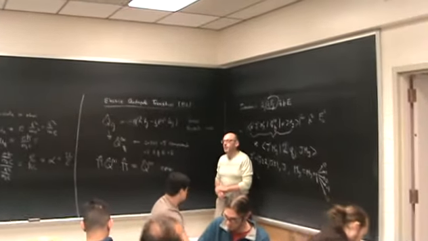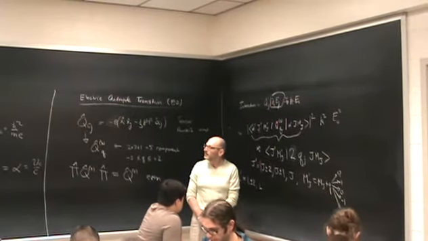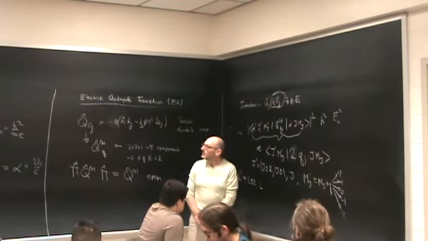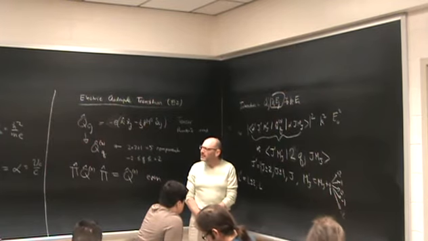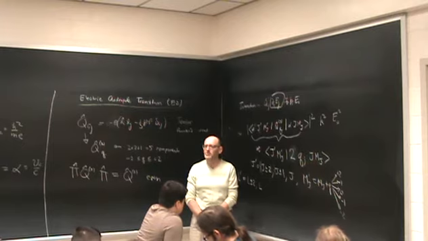Now, how strong are electric quadrupole transitions relative to magnetic dipole or electric dipole transitions? Alpha to the fourth? That's a good guess. You might think so. Let's look at this more closely to see how we would estimate that.